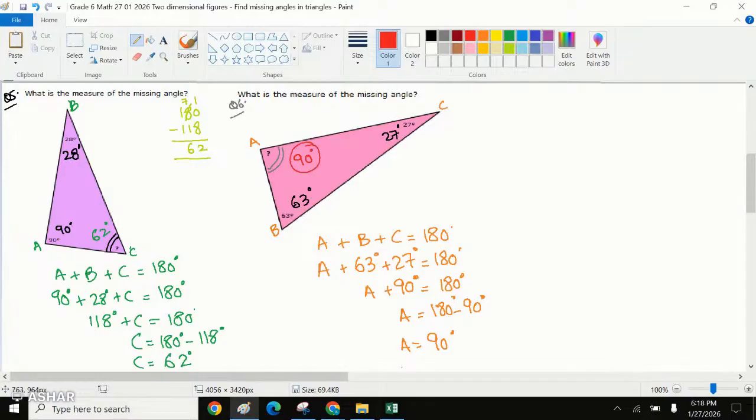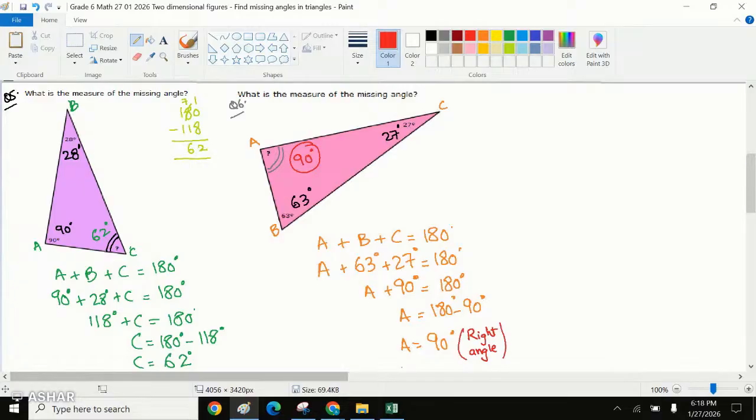Okay, so angle A is 90, and a 90 degrees angle is known as a right angle, this is extra information, right? Like we know the types of angles, right? Acute, obtuse. An angle that is exactly 90 is a right angle.